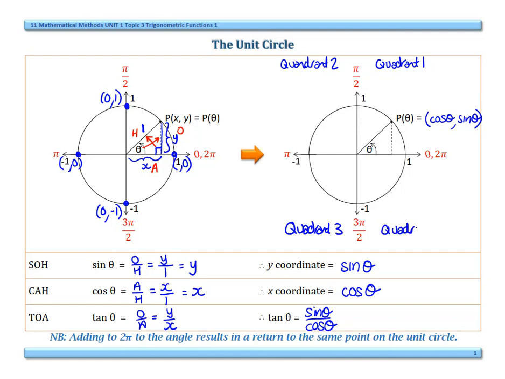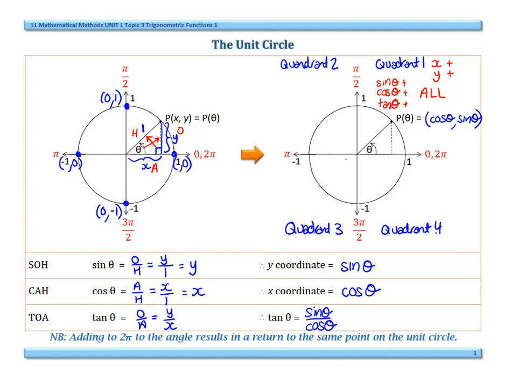So we go in an anti-clockwise direction. So in quadrant 1, my x coordinate is positive and my y coordinate is positive. So that means sine theta is going to be positive, cos theta is going to be positive, and tan theta is going to be positive. All the ratios are positive in that first quadrant.